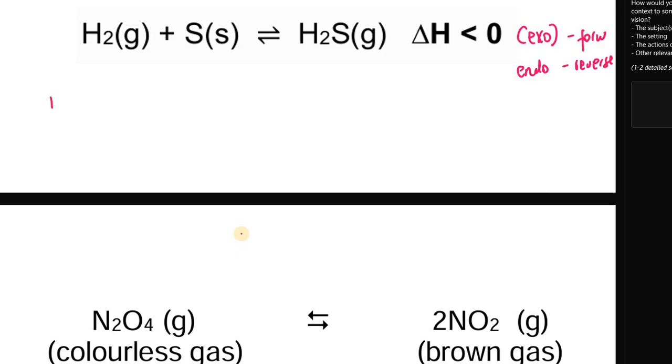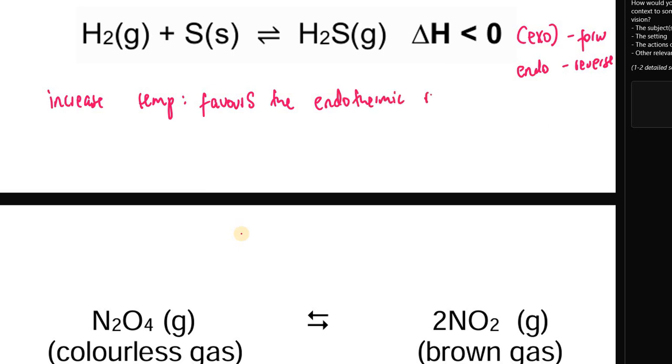Now if you increase temperature, the system will want to decrease the temperature, so it's going to favor the reaction that brings down the temperature, which is the endothermic reaction.